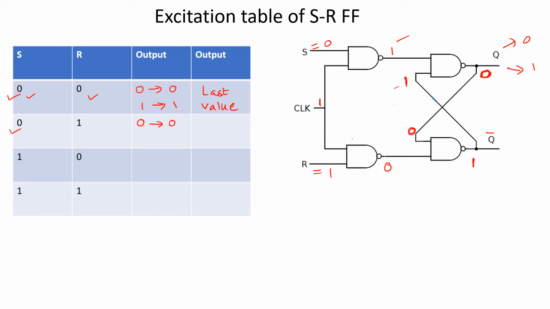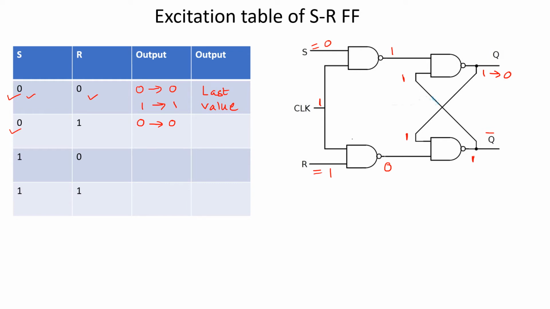Let us see quickly what happens if I assume 1 at the output. This 1 goes here, 1 0 becomes 1, 1 1 becomes 0. Now I assumed 1 but it became 0. Let us see whether that 0 is stable or not.